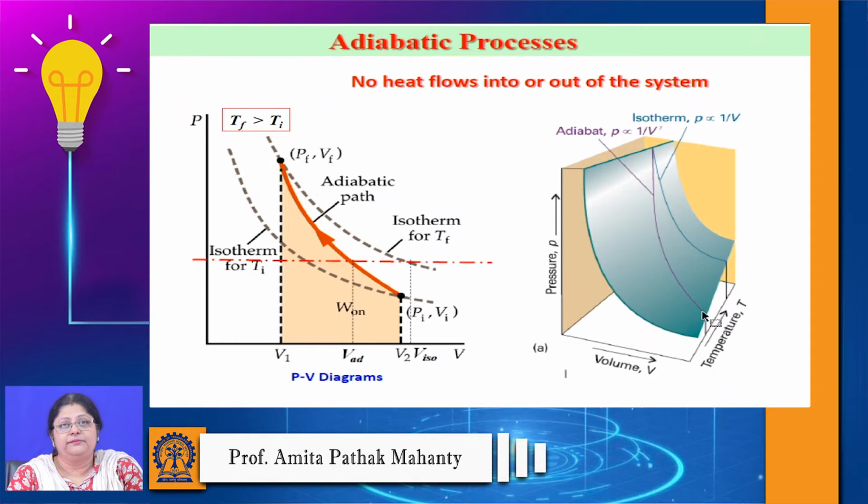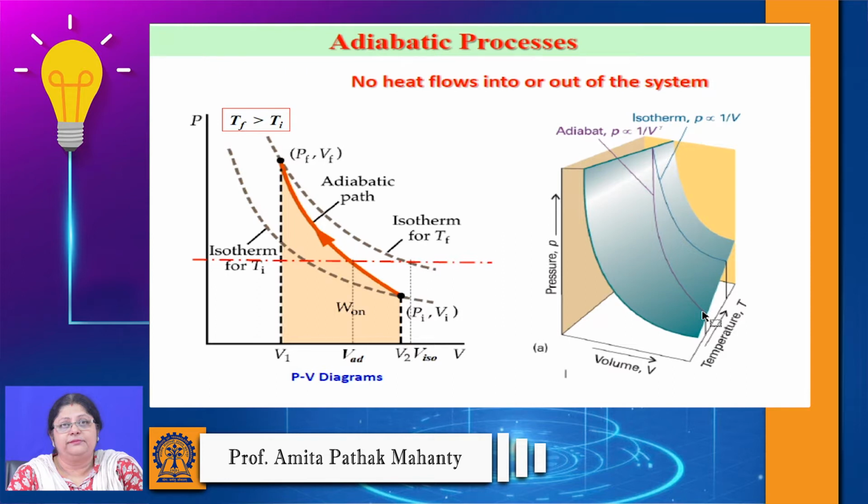What happens in an adiabatic process? As you understand, in an adiabatic process there is no heat exchange between the system and the surrounding. The system is entirely insulated, and if the gas is doing work, that means it has to expand. So it expands on what basis? It does not have any energy coming from the outside.